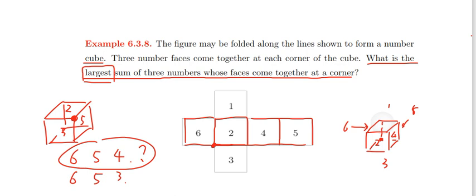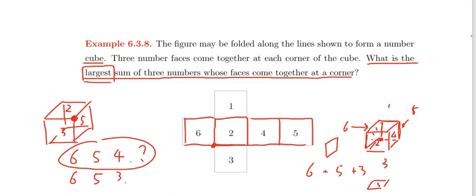So this face, this side, this one is 6, and this one 5, and the bottom one, this one, 3. Okay, so we have 6 plus 5 plus 3.